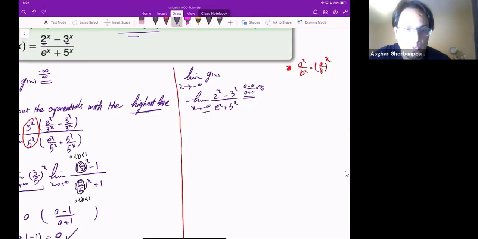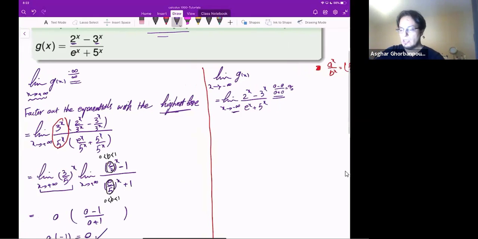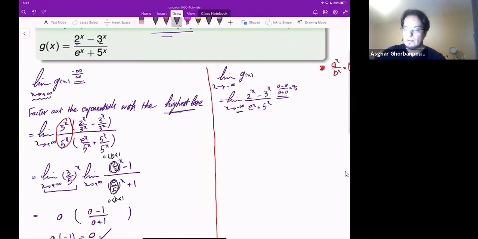Listen, this is a new thing. As x goes to negative infinity, we know that if b is bigger than 1, b to the power x has limit 0.